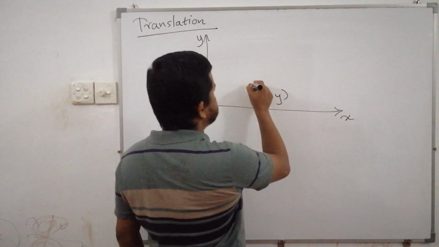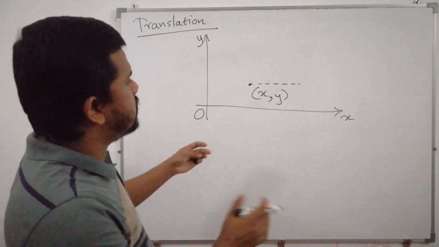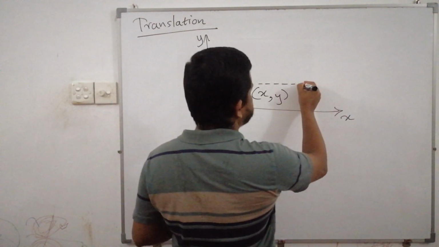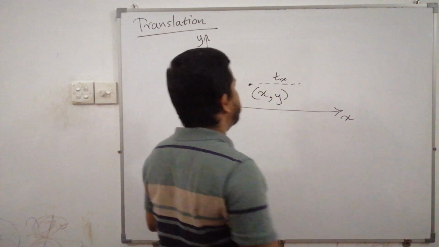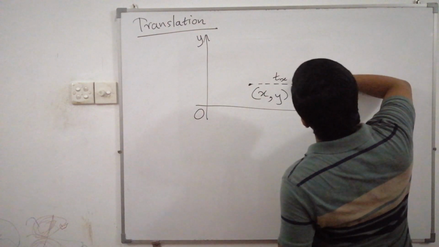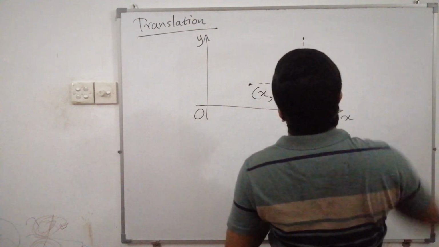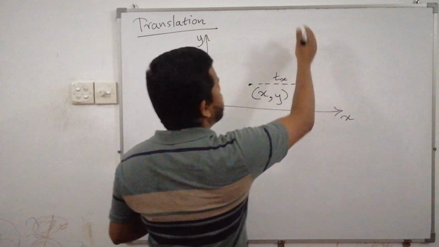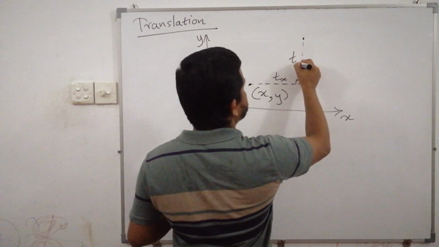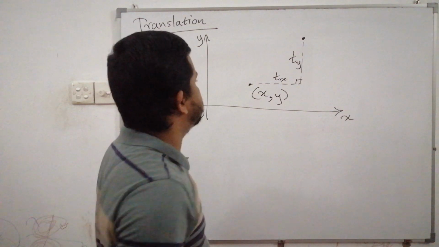This point is moved along the positive direction of the x-axis by an amount of tx, and along the positive direction of the y-axis by an amount of ty, and it comes to this position.